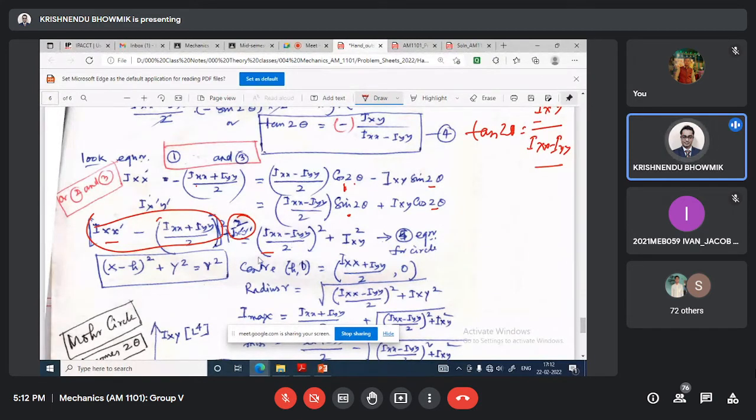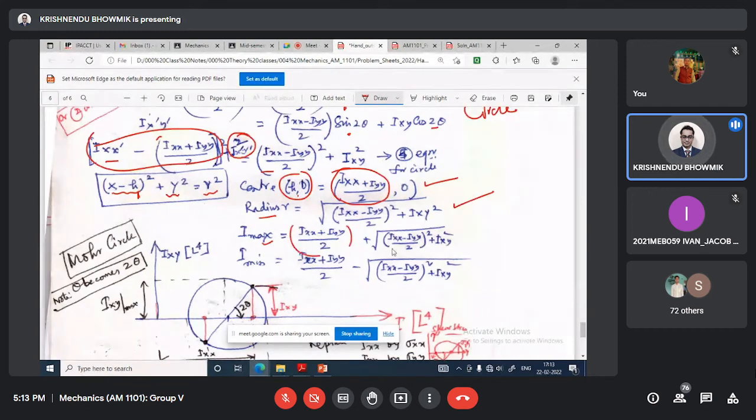Finally you will get this: (x minus h) square plus y square equal to r square, which is the expression of a circle. The center is (h, 0). What is h? Ix plus Iy by 2. This is the center, this is the h value, 0. What is the radius? Square root of ((Ix minus Iy) by 2) whole square plus Ixy whole square. What is Imax? Center plus radius. I mean, Imin is center minus radius.